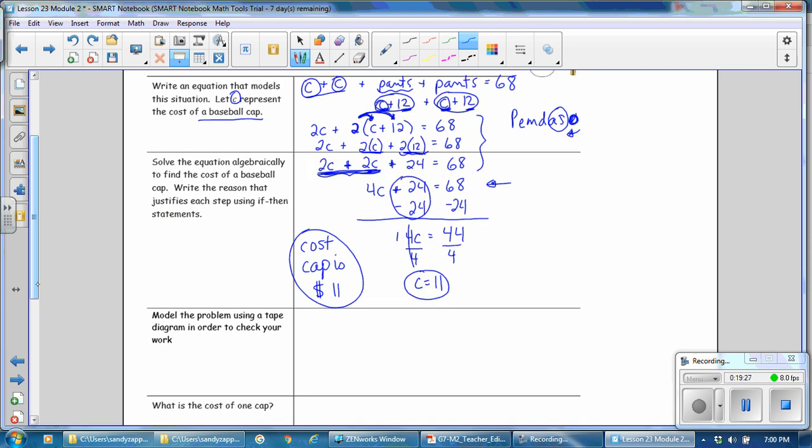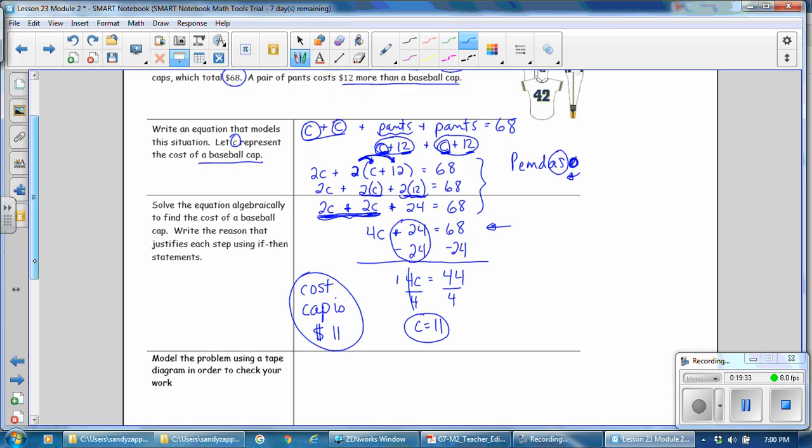Model the problem using a tape diagram in order to check your work. So our tape diagram would look like this. I'm going to use a section for a cap, and we're buying 2 caps. And I'm going to change colors here, I'm going to buy the pants, and the pants cost 12 more than a cap.